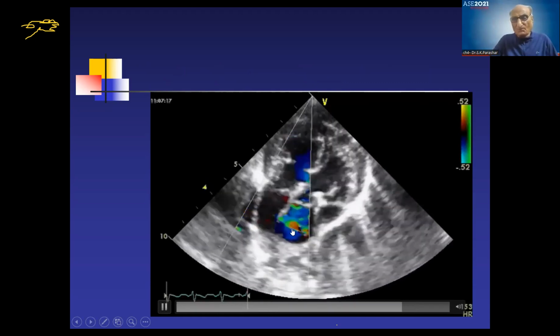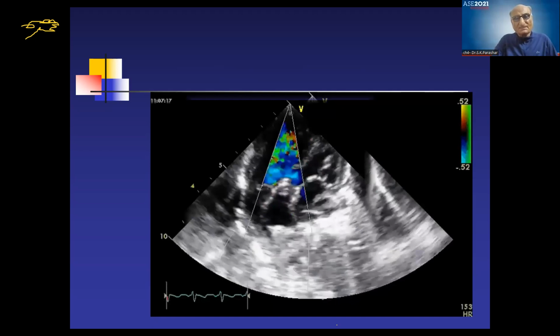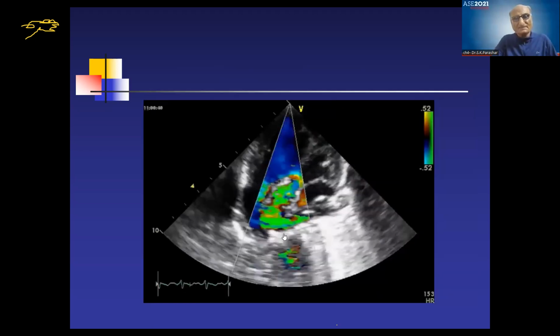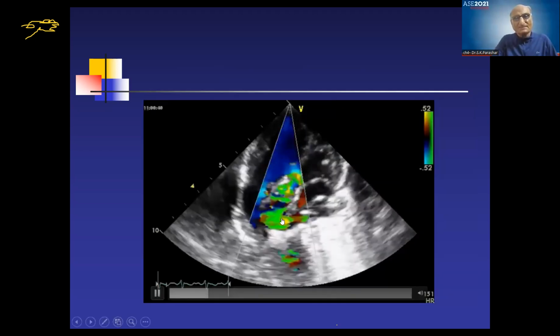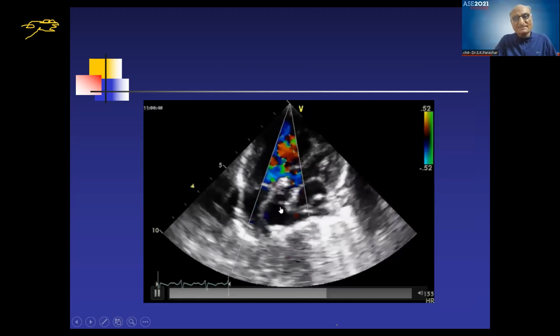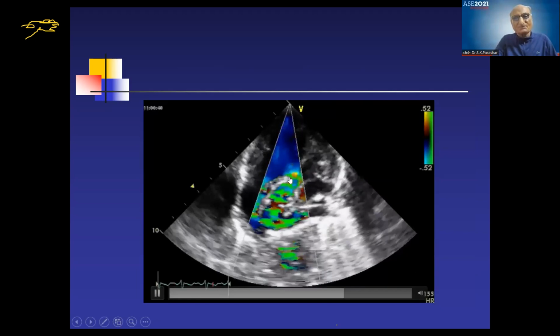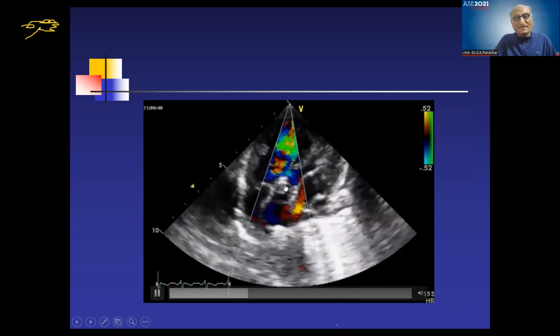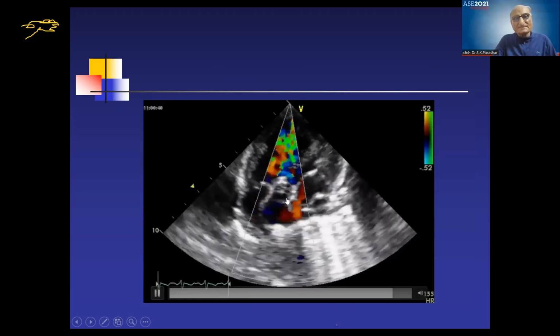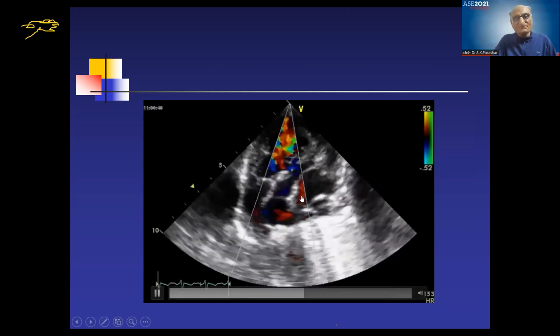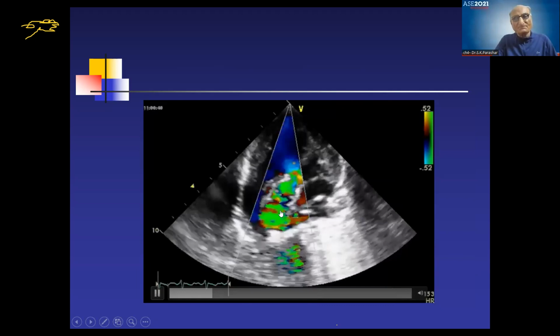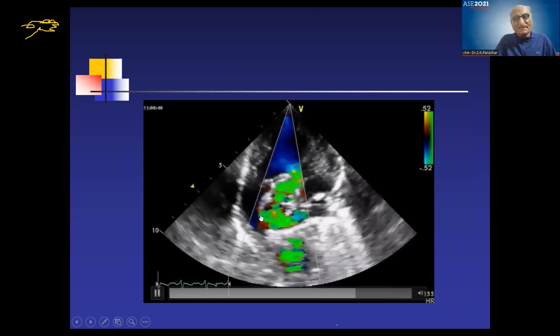With a slight modification of the transducer, we see a bifurcation. Now one branch goes this side, one branch goes this side. So this shows that it is the pulmonary artery, because it bifurcates and it is arising from the left ventricle.